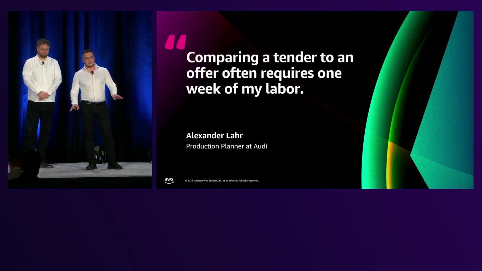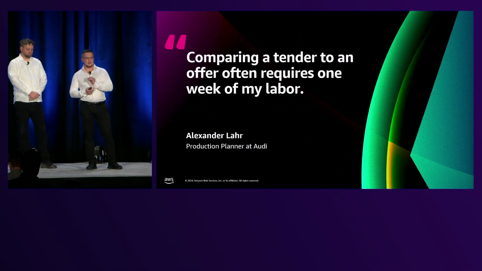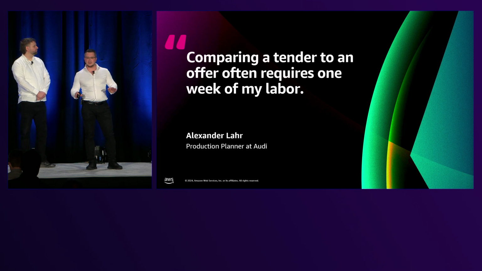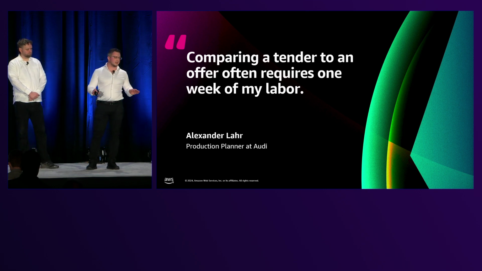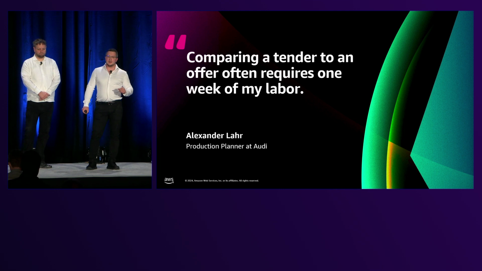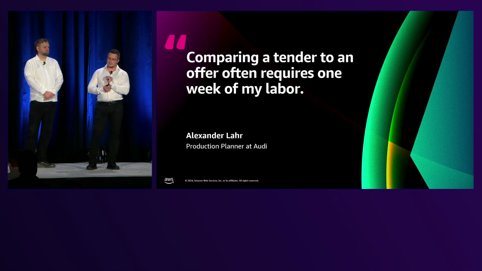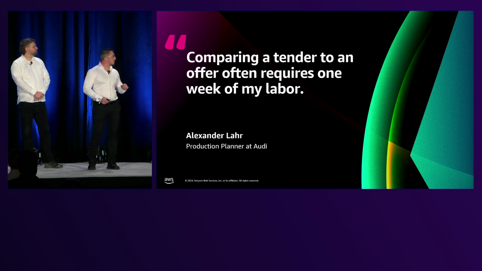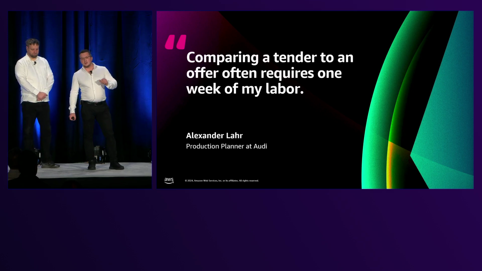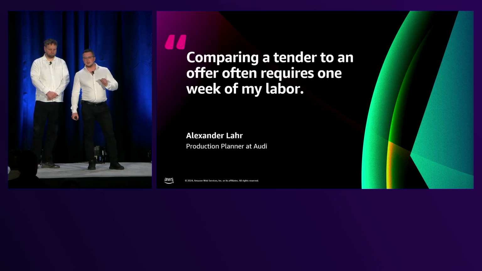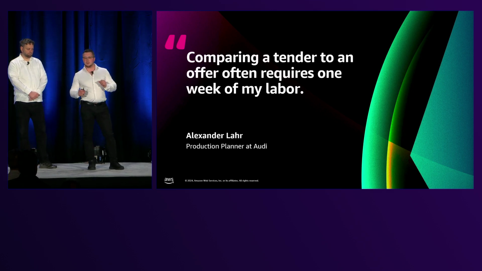To prove that, let's do a little calculation here. For simplicity, let's say we have 1,000 tenders per year, though we know it's usually much more than that. And per tender, we get an average of 20 offers. So that sums up to 20,000 offers per year at Audi planning department. And just to quote a colleague of mine, we need 1 week of labor to do a final statement per offer.